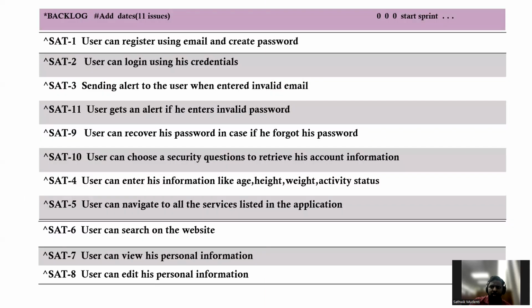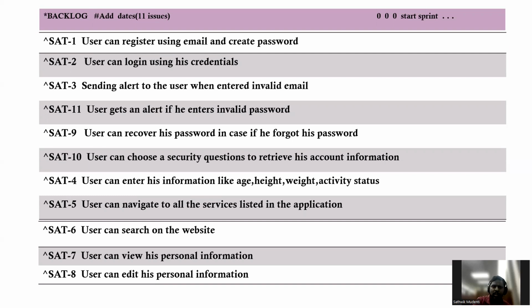A product backlog is a prioritized list of work for the development team that is derived from the roadmap and the requirements. The most important items are shown at the top of the product backlog, so that the team knows what to deliver first. So this is the list of our product backlog.